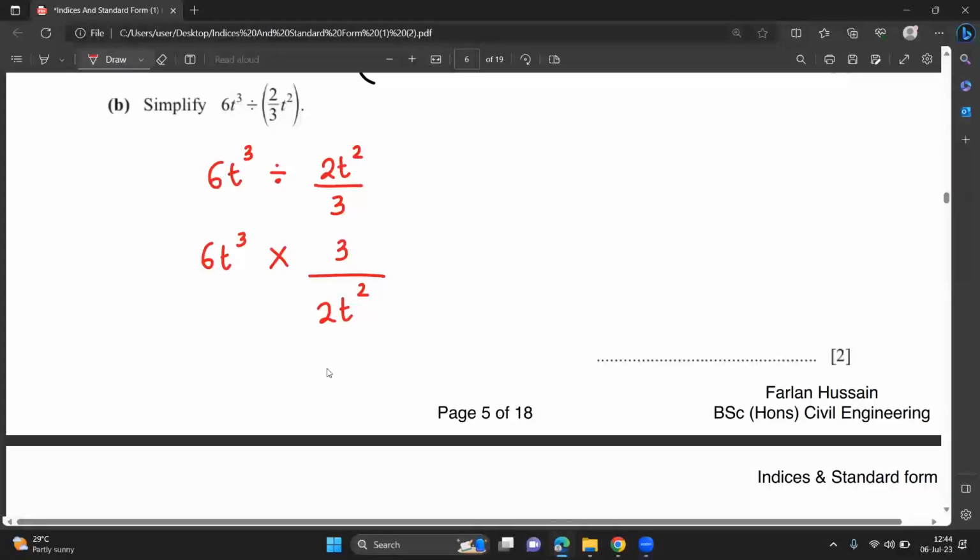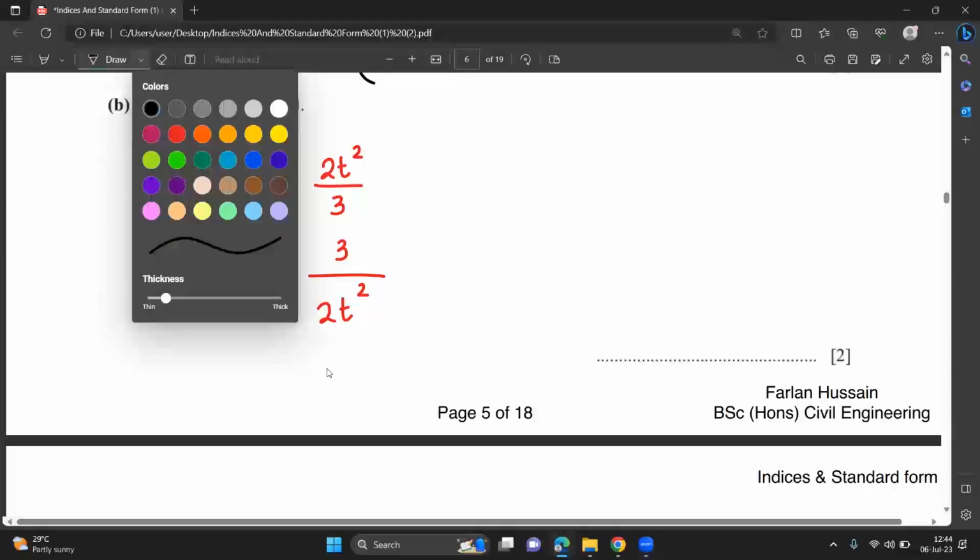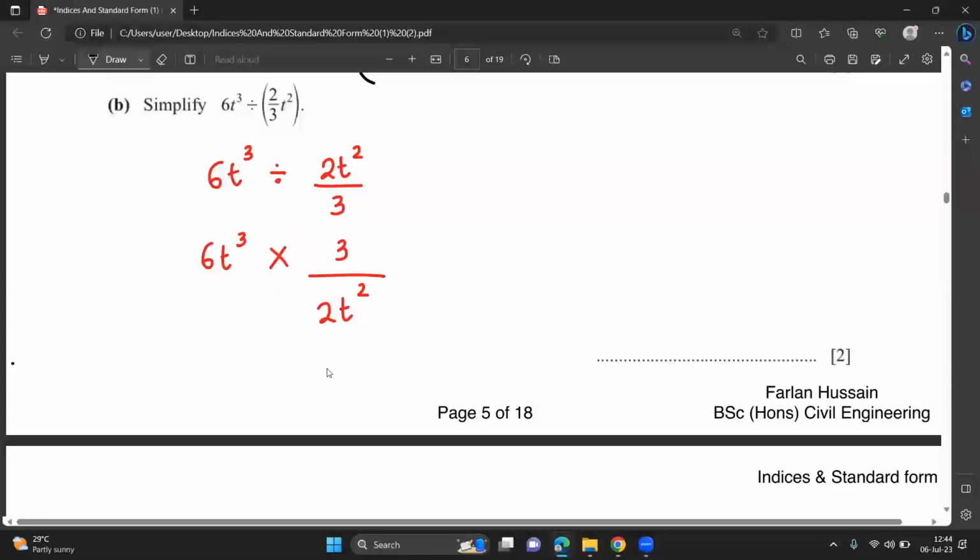Now tell me if you can simplify the 6 and 2. Yes. Can we simplify the t's? Yes, right? T squared gets cancelled and only one t remains.